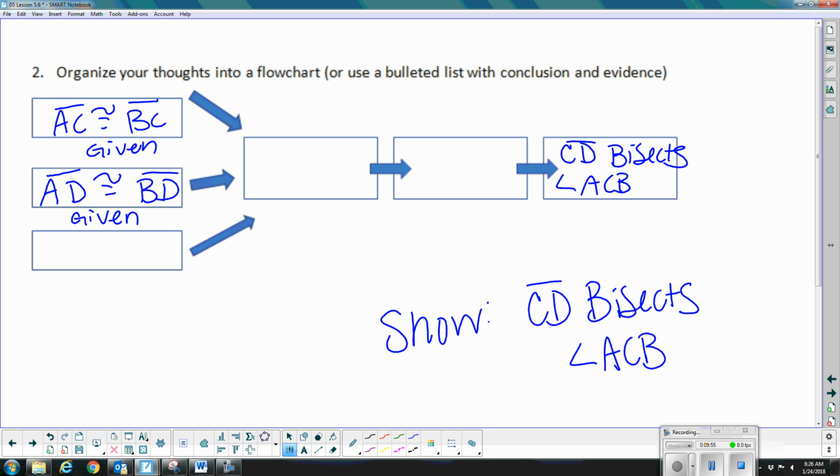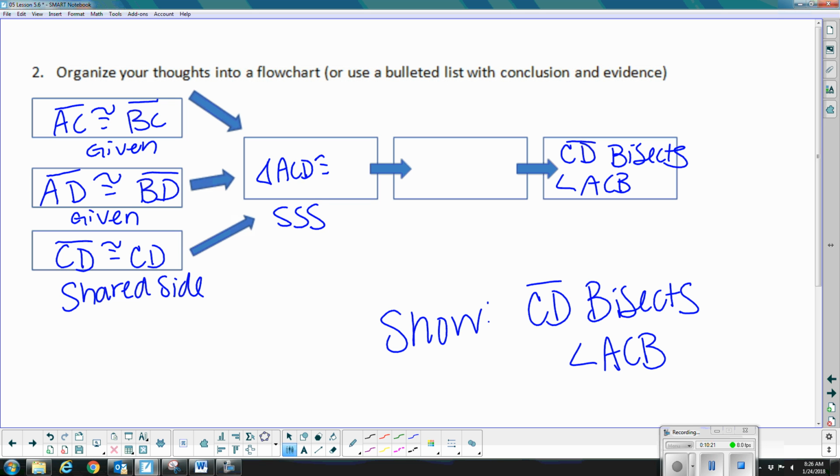And then lastly, we wanted to show that the triangles were congruent. So the third piece that supports that the triangles are congruent is that CD is congruent to CD because it's a shared side. Okay, so then next we use side, side, side to conclude that ACD is congruent to BCD.